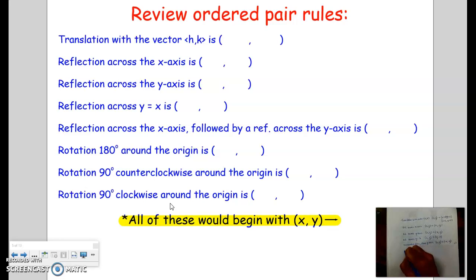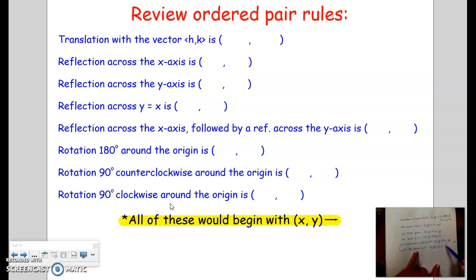The next one is a rotation 180 degrees around the origin, which is the point (0, 0). That takes a point (x, y), and it simply changes the sign on x and y as well. So remember, these are equivalent to one another. A double reflection across the axes is the same thing as a 180 degree rotation around the origin.